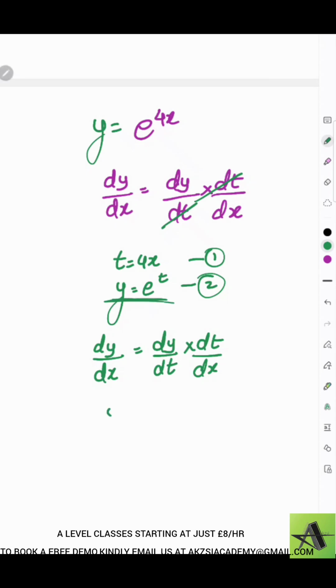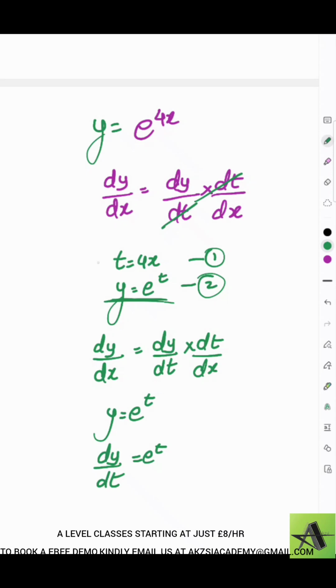So if y is equal to e to the power of t, then dy over dt will be e to the power of t. We just studied that if y is equal to e to the power of x, its differentiation with respect to x is e to the power of x. Similarly, if y is e to the power of t, the differentiation of y with respect to t will become e to the power of t.